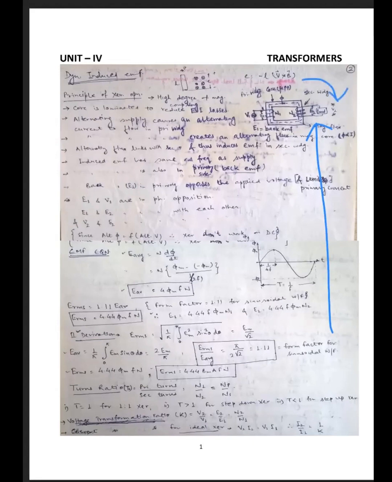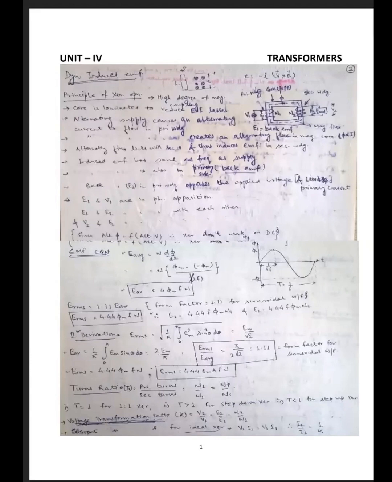If there are no drops, then E2 will be equal to V2. Since the back EMF opposes the applied voltage and also the primary current, the electromagnetic energy conversion takes place whenever there is some opposing force.